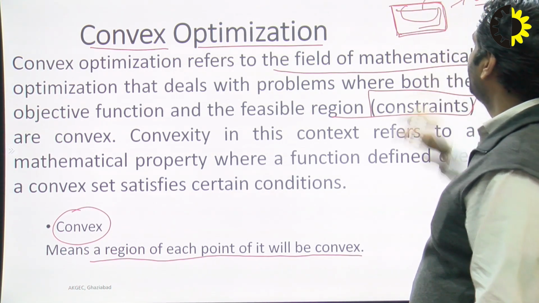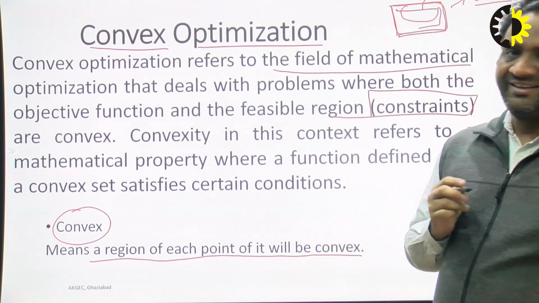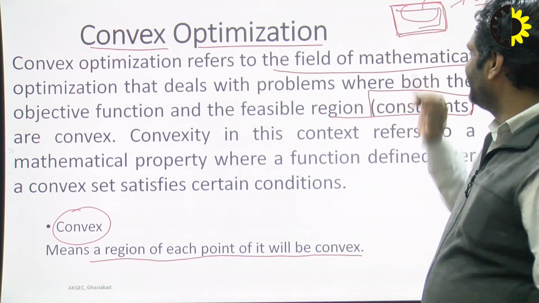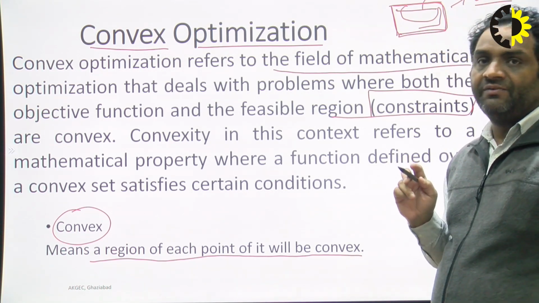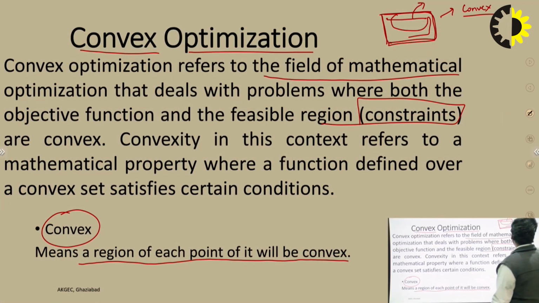And if any part of this line comes outside this figure, then this will become concave, or we can say non-convex. Suppose just like this one. Suppose these are two points, and when we connect these 2 points, we get a line segment. This portion is not inside the given figure, so this is not convex.